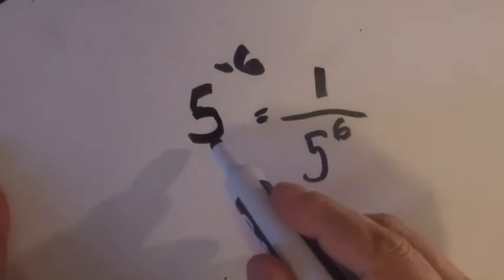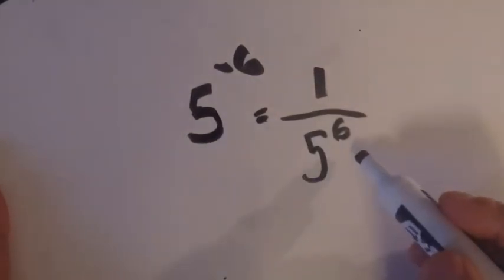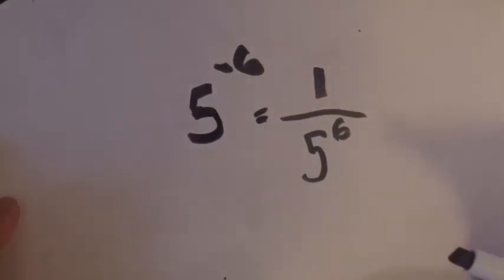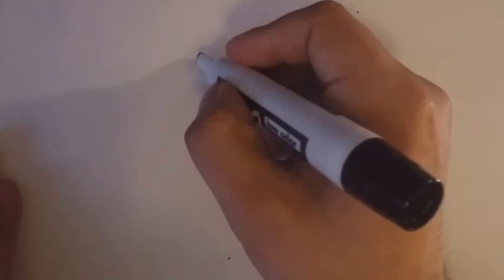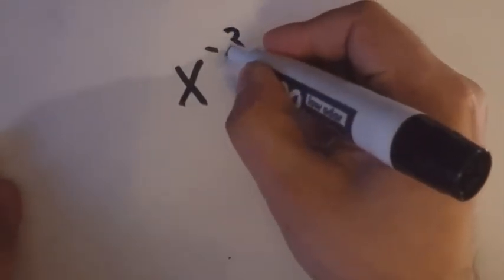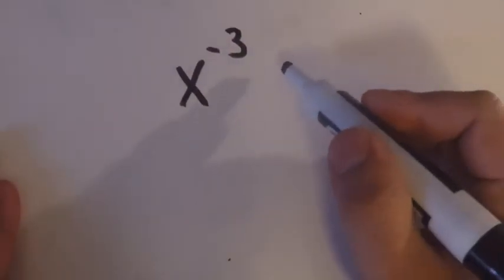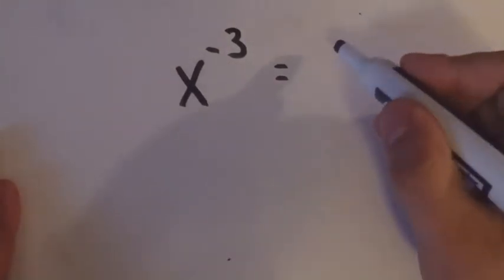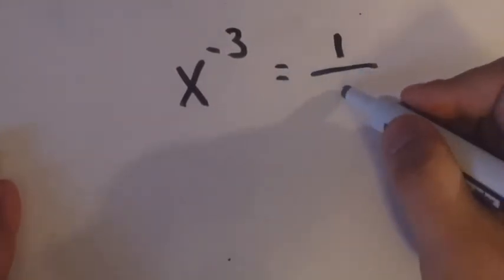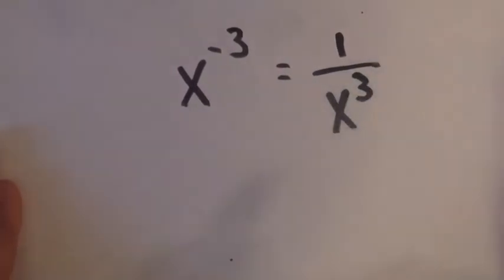So this just changed here, went down into our denominator, and then it became a positive number. Now, if we had a variable, so let's say x to the negative third, again, this doesn't change what we do. This is still equal to 1 over x to the third.